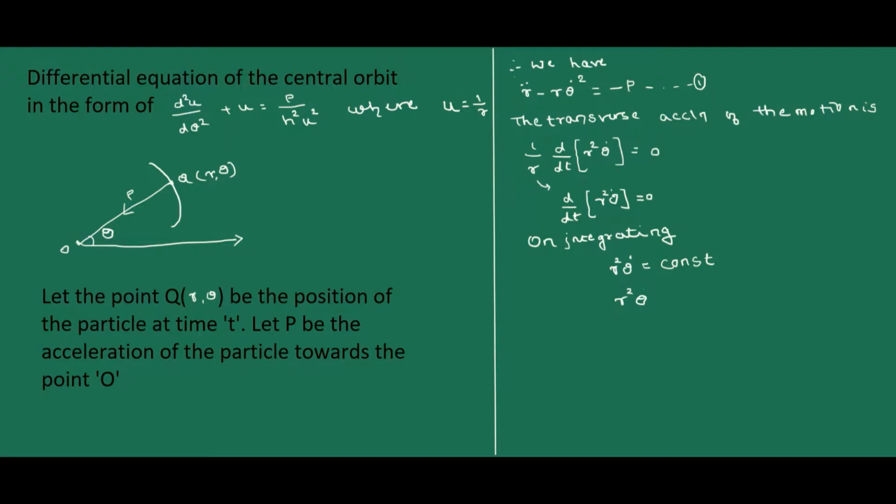So r square theta dot is equal to h. Find the value of theta dot: theta dot is equal to h divided by r square, and say that is equation number 2.